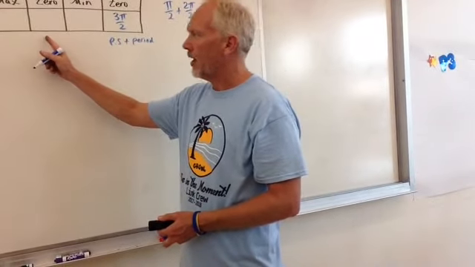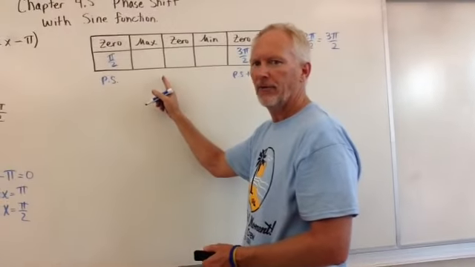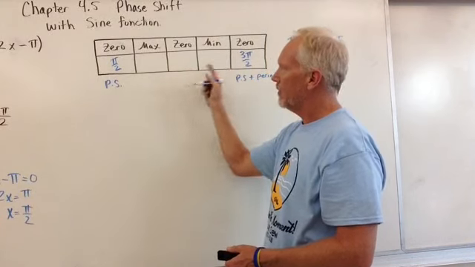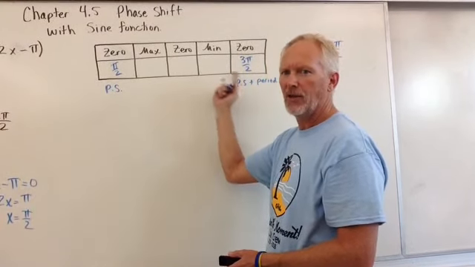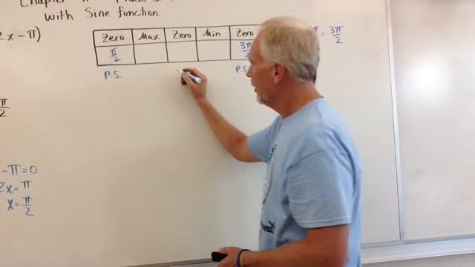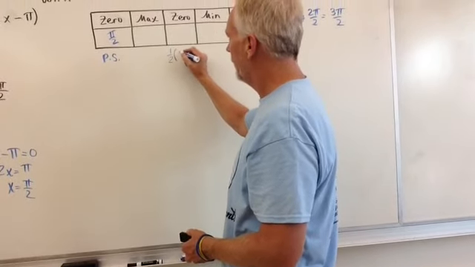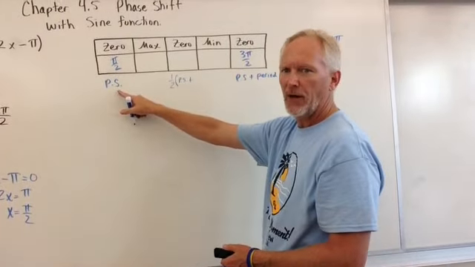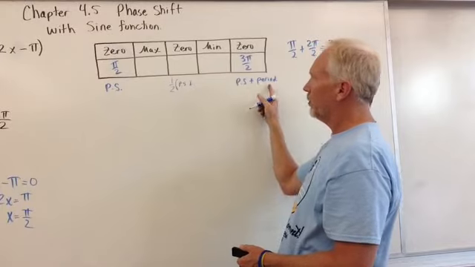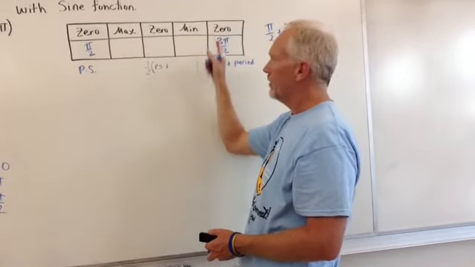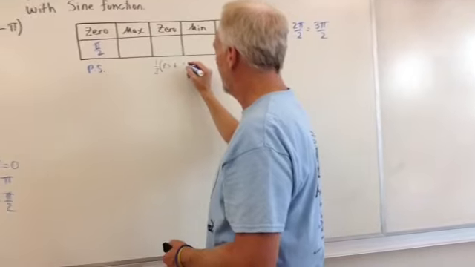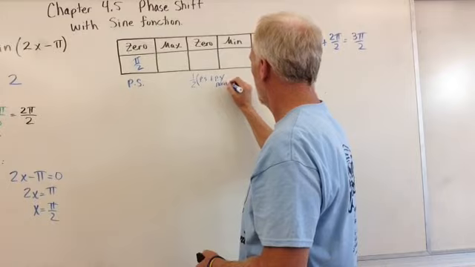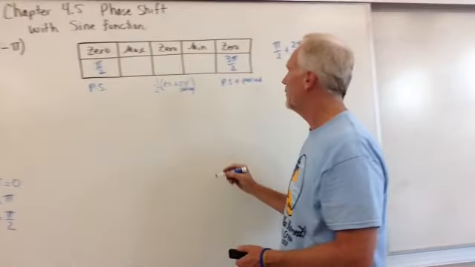Now what we have to do is take half of the sum, or the average, of these two values. So this is going to be 1/2 of the initial phase shift plus the phase shift plus the period. So let's do that.